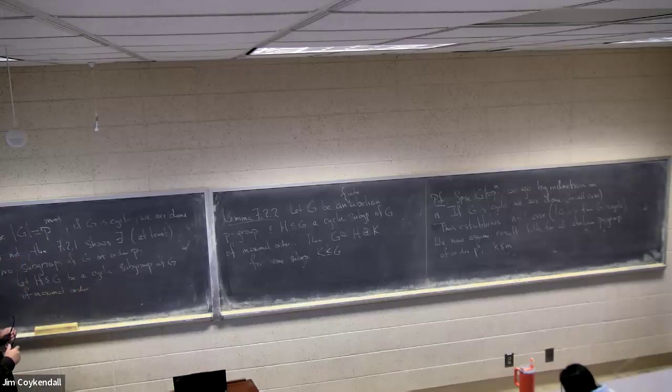Of course, such a thing should exist because there's a cyclic subgroup of order p for sure. All you have to do is go through it. Is there one of order p squared? Is there one of order p cubed? This is a finite number of things to check. Whatever's the maximal one, that's going to be H. H may not be unique. There might be several subgroups of the same order. Just pick one. It doesn't matter.